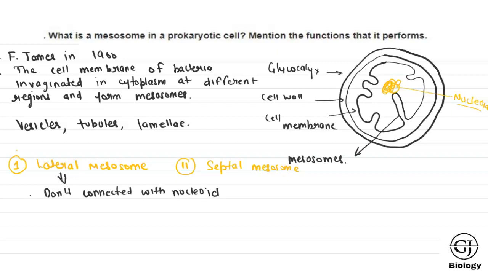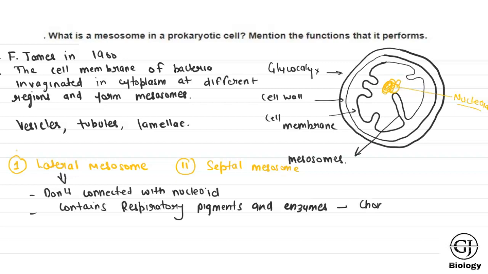These mesosomes contain respiratory pigments and enzymes, so they are also called chondroid.